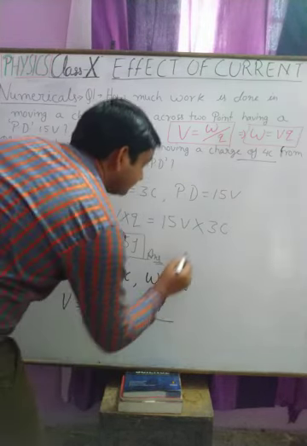On solving this we get 20 volt. Therefore the potential difference is 20 volt. Okay, these are the solutions of the above two questions. Copy this solution.